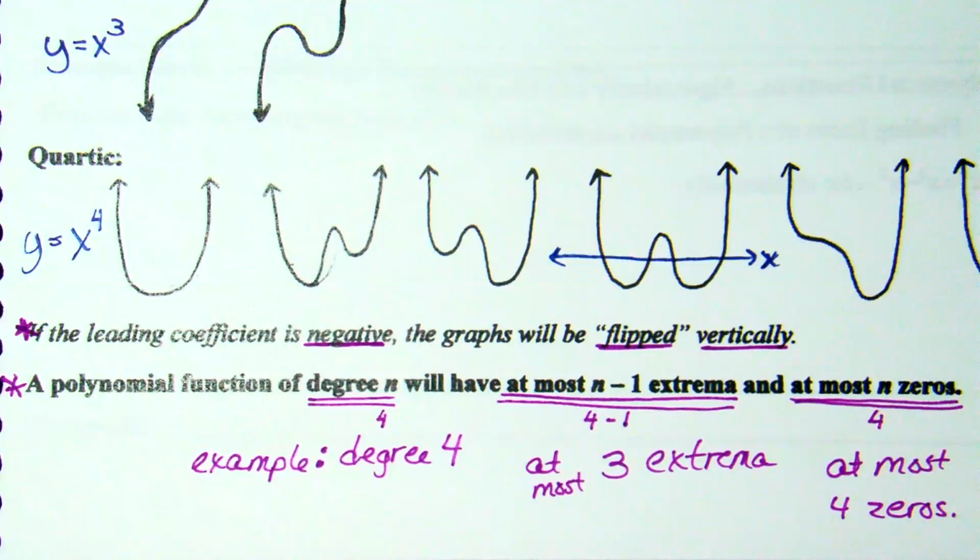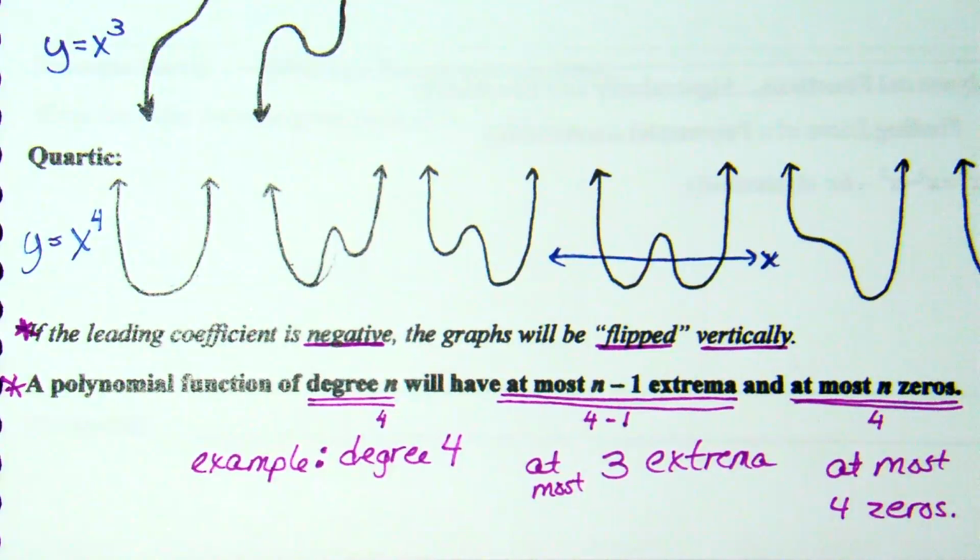Now, if I had drawn my x-axis through the first quartic, would that have 3 mins and maxes? No. If I had drawn that x-axis on the first one, we wouldn't have 3, we'd only have 1. The other thing, at most 4 zeros.